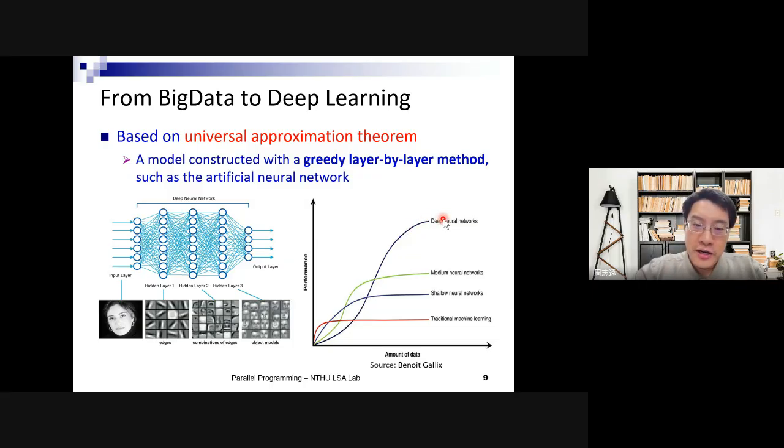That's why today this is the general way to achieve AI, and that's where we are standing right now.